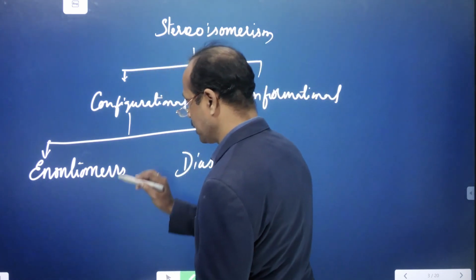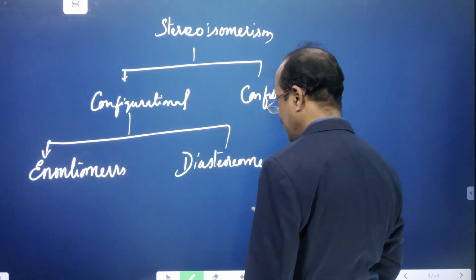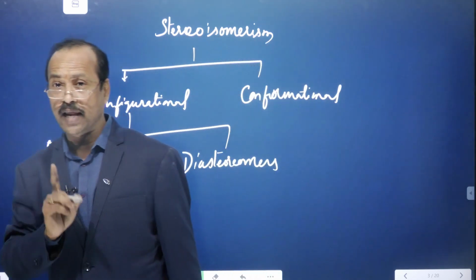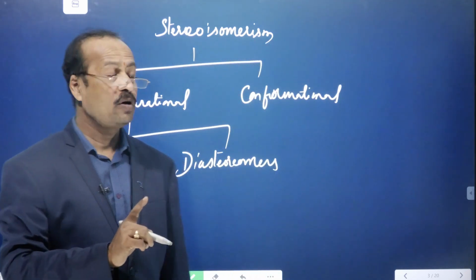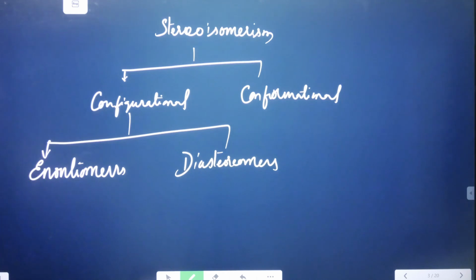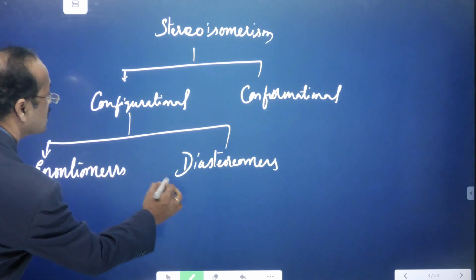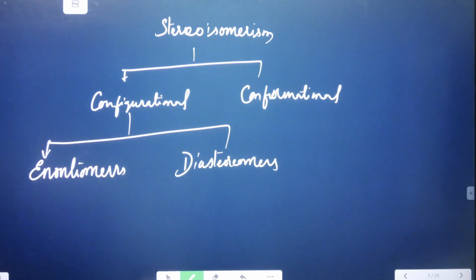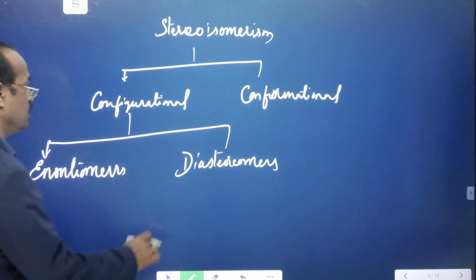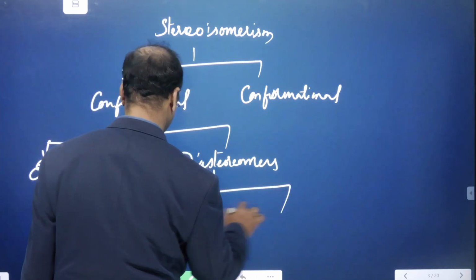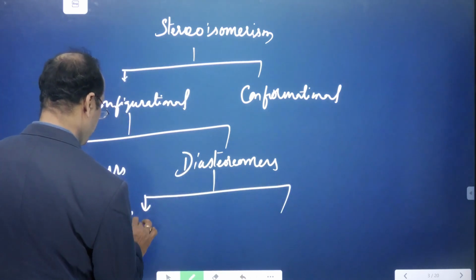Configurational again has 2 types, called enantiomers and diastereomers. This is actually not given in your material, so I am once again stressing that enantiomers and diastereomers are the 2 types. Now when you come to diastereomers, again there are 2 types. One is called geometrical.